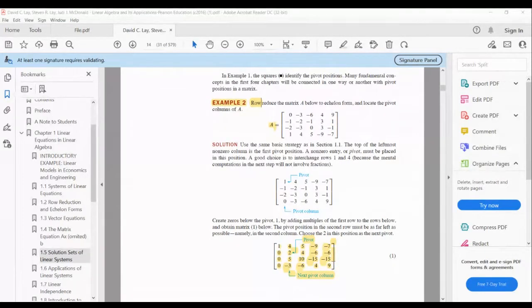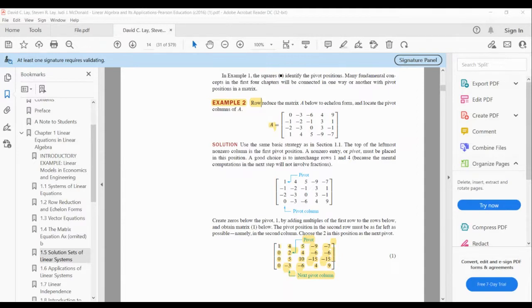What fraction times 2 would equal 5? 5 halves. That's right. So we want to multiply the 2 by -5 halves and add it, and that'll give us -5.